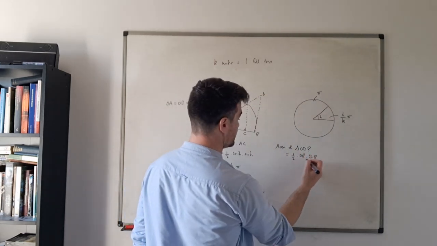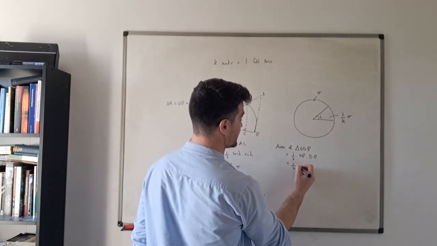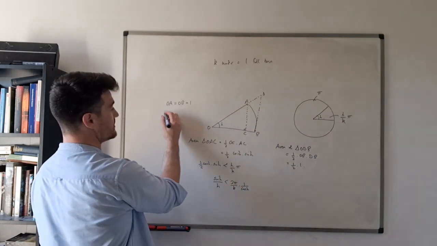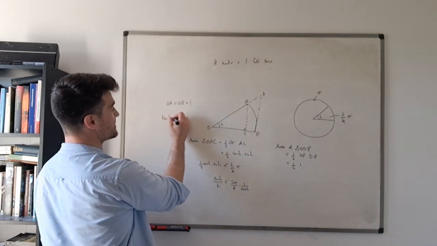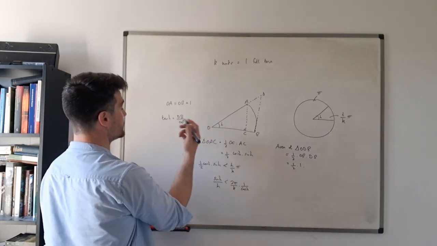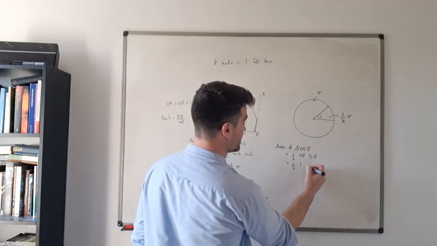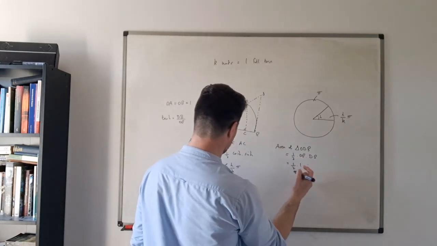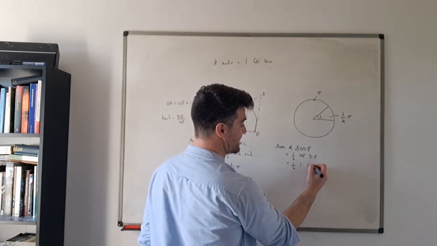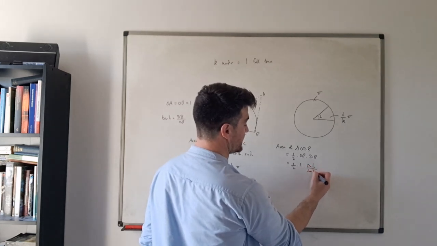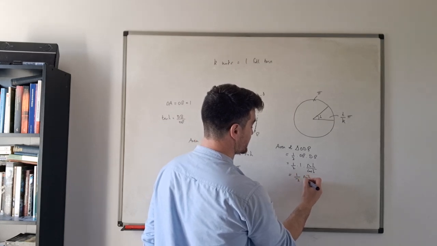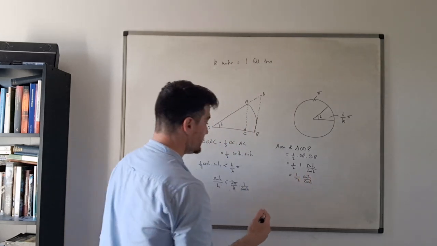So DB, let me have a think. So tan h is going to be equal to DB over OB. OB is equal to 1, so tan h is equal to DB. And because I've got cosines and sines over here, I'm going to write it as sine h over cos h. So this is 1 over 2 sine h over cos h.